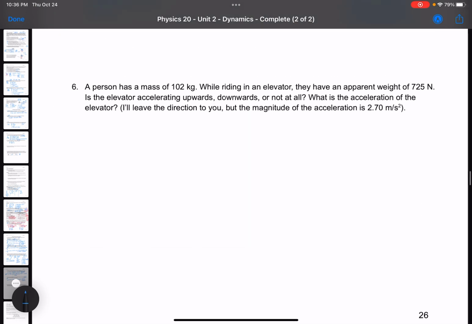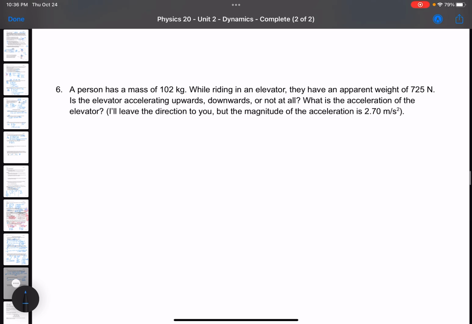All right, question 6. This is our last one here. A person has a mass of 102 kilograms, riding an elevator. They have an apparent weight of 725 newtons. Is the elevator accelerating upwards, downwards, or not at all? What's the acceleration of the elevator? The first thing we're going to do is figure out their true weight.